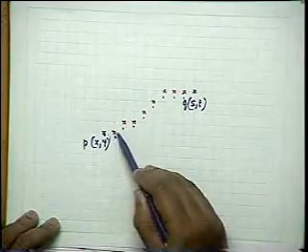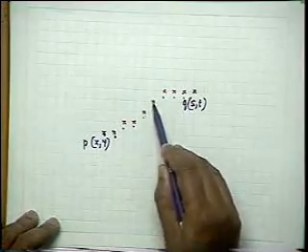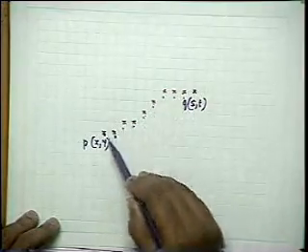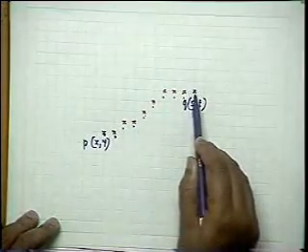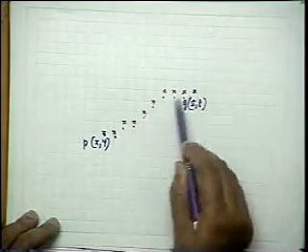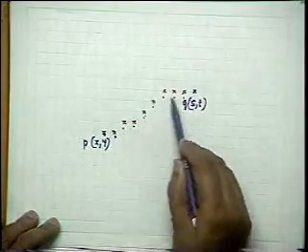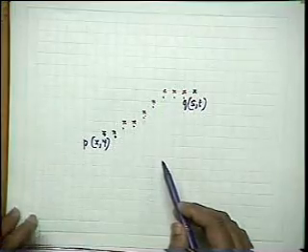I have 1, 2, 3, 4, 5, 6, 7, 8, 9, and this of course is the 10th one. So this is the chain of pixels which I have.